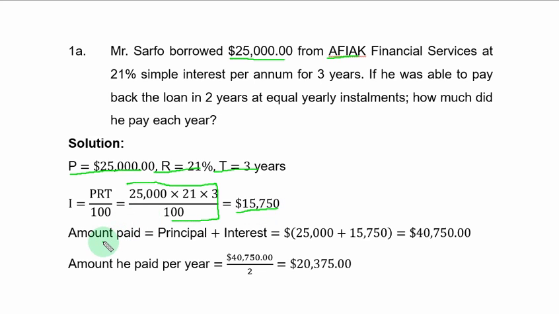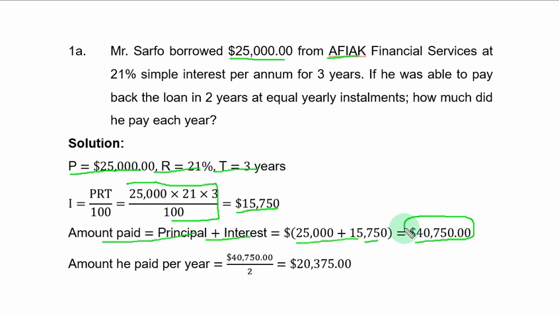Amount paid back is equal to principal plus interest. Principal is 25,000 plus interest 15,750. If you add together, you have $40,750.